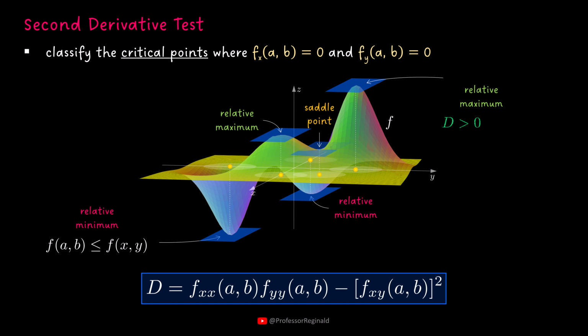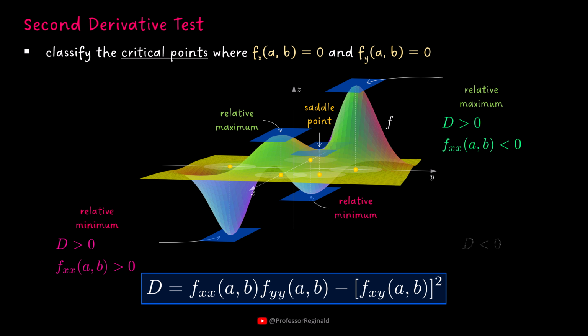If d is greater than 0, and this second-order partial derivative at the point is less than 0, then the extremum is a relative maximum. If d is greater than 0, and this second-order partial derivative at the point is greater than 0, then the extremum is a relative minimum.